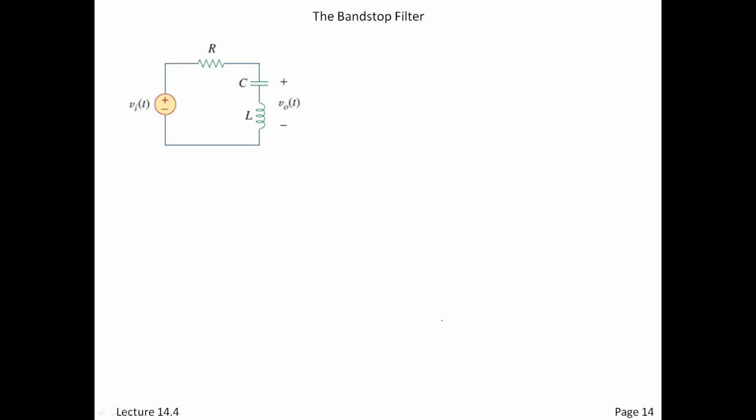Let's look at the band stop filter. Oh, same circuit, RLC, and just like we did with high pass and low pass, instead, we're going to now look across the LC combination. So we're either going to look across the real part of the voltage divider or the imaginary part.